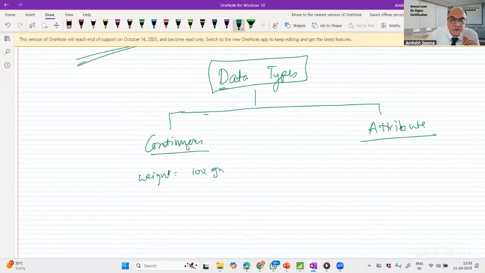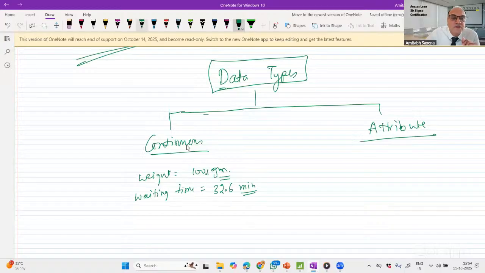It can be 100.1 gram also. Patient waiting time. Can you give me other examples of continuous data? It will have a unit, like grams is a unit, waiting time 32.6 minutes. There's a unit, right? And there's a possibility of a decimal point also.